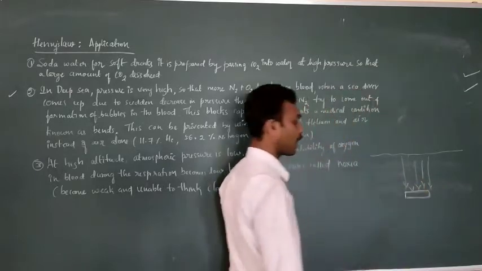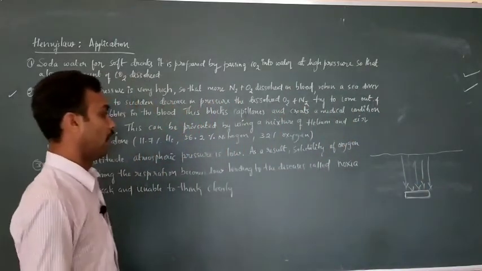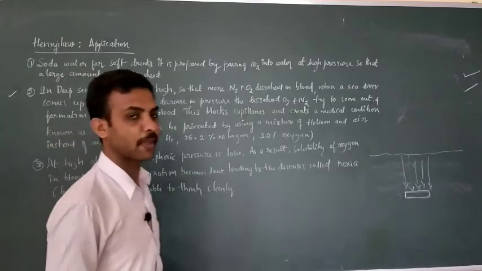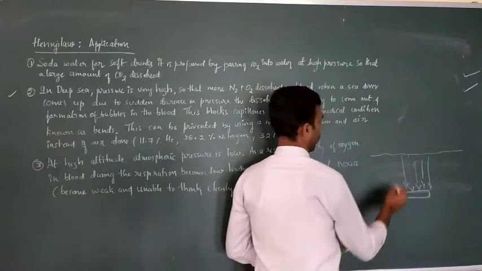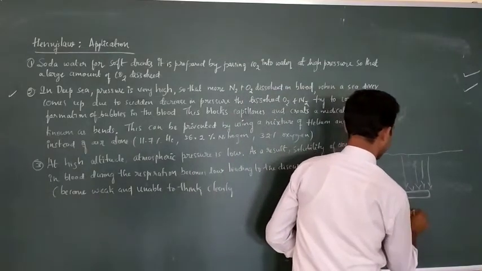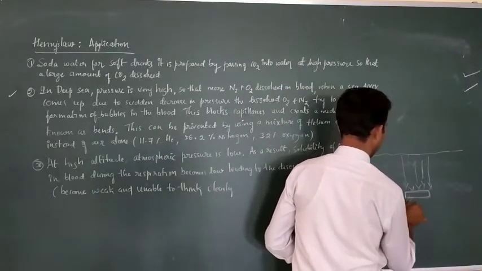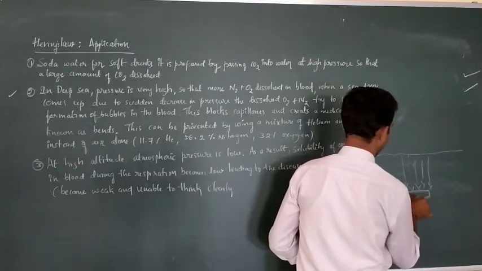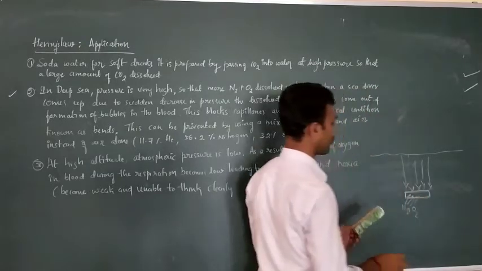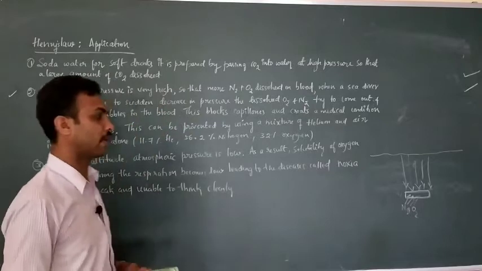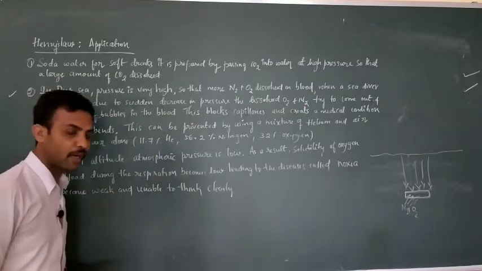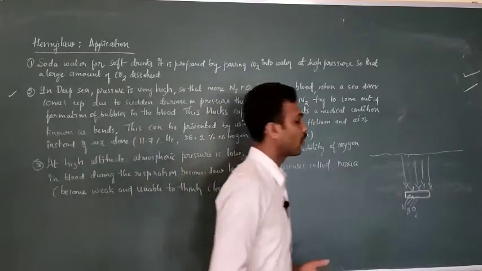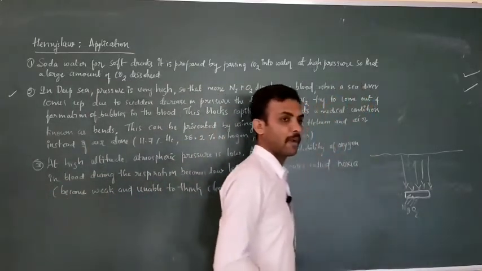So then the dissolution of gases becomes more and more. At the high pressure, the nitrogen and oxygen gas are dissolved in that person when they are respiring inside the deep sea water. Because of high pressure, more and more nitrogen gas and oxygen gas enter into the blood vessels.